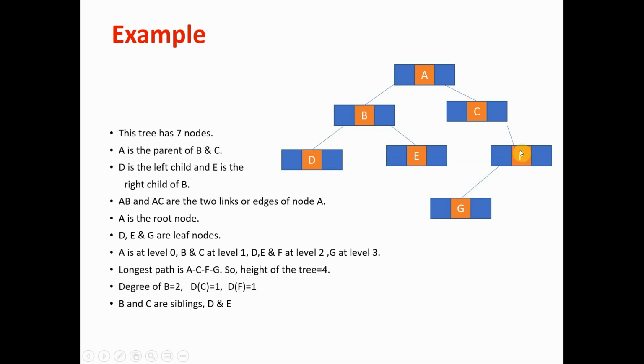It's also not complete. First of all, this level doesn't have the maximum number of nodes that it should, because C is supposed to have another child here, the left child, which it doesn't. Also, this one is not as far to the left as possible, so it's not complete either. Okay.